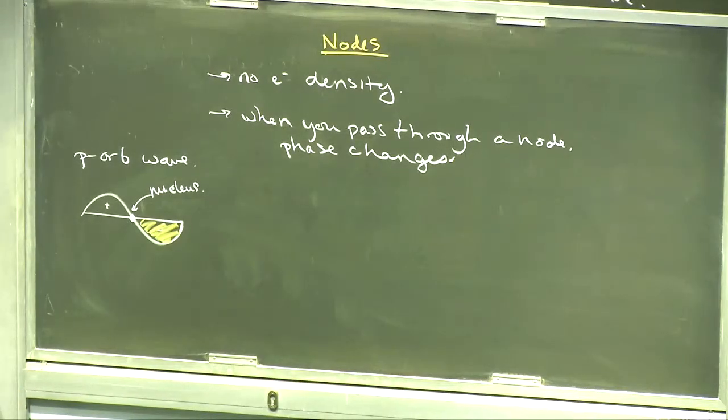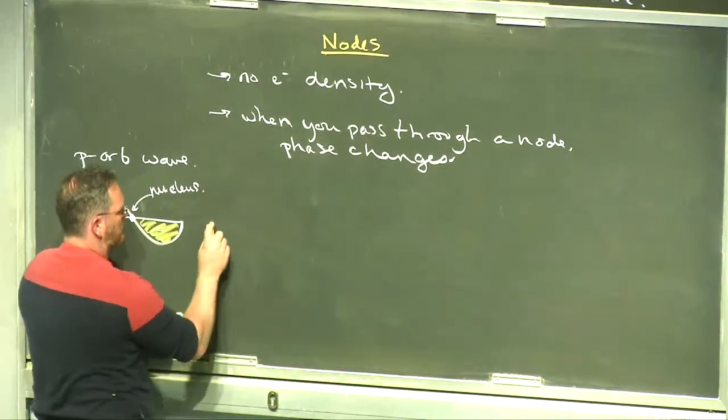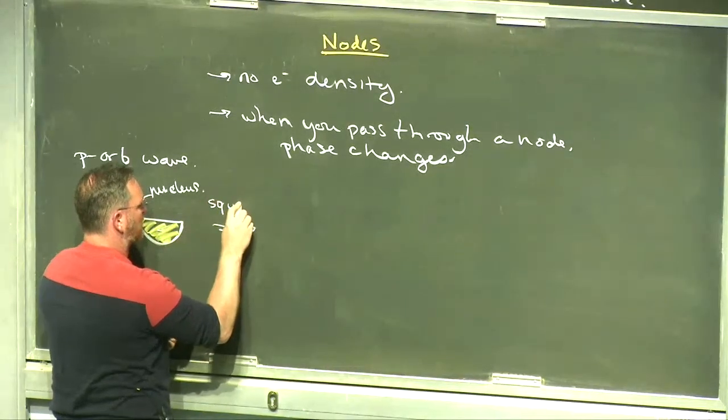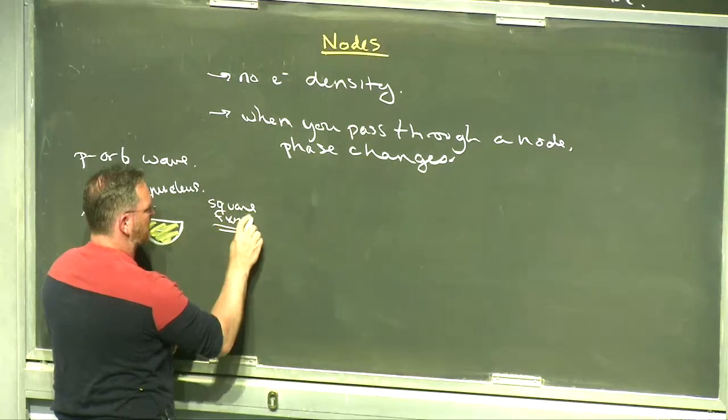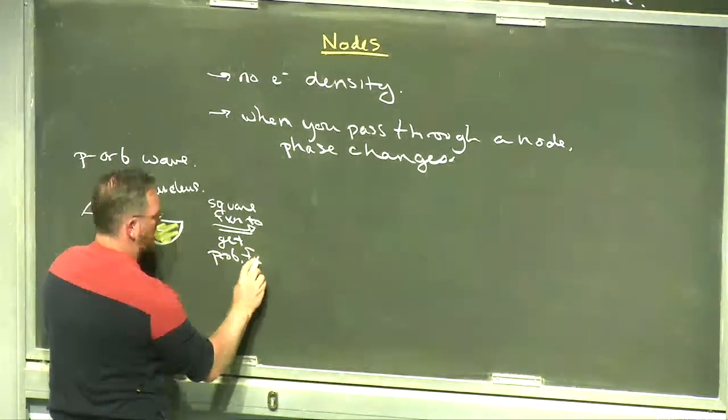To get any physical understanding of what that wave means, we have to square it to say what is the positional probability of an electron in relation to that particular nucleus. So we square the wave, square the function, to get the probability function.